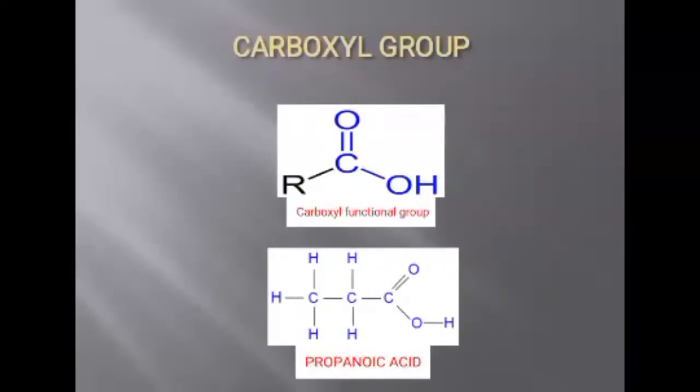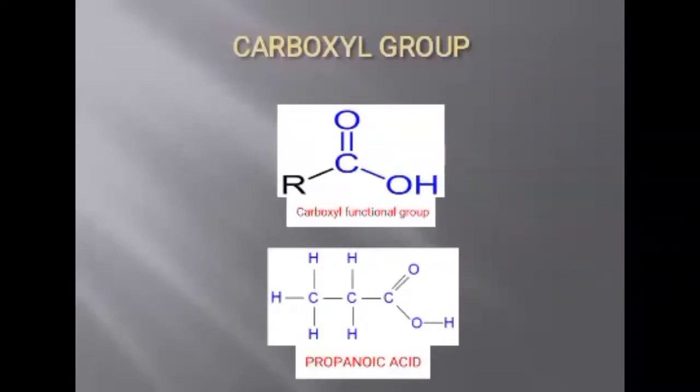Now, if you look from the extreme right, you will see that we still have our COOH there. Then our R, as in the case of the functional group, is being replaced by CC, that is double carbon, and hydrogens. The CC normally is ethane, whatever.